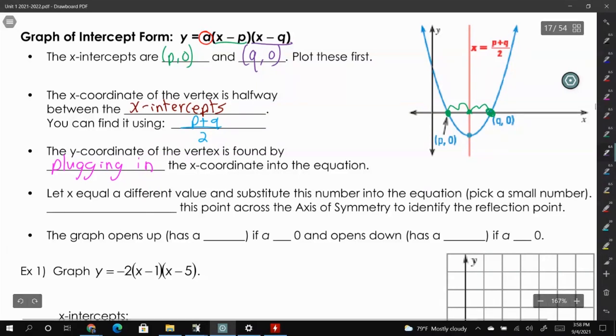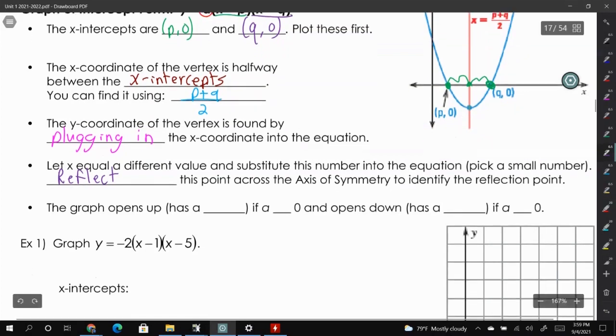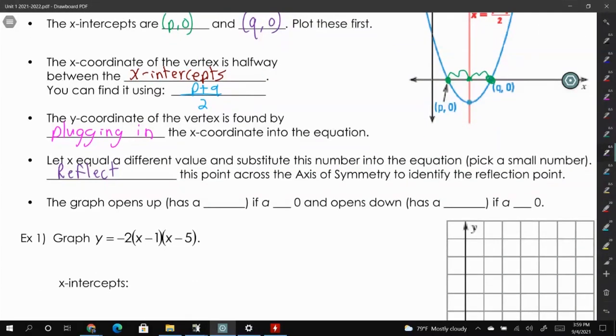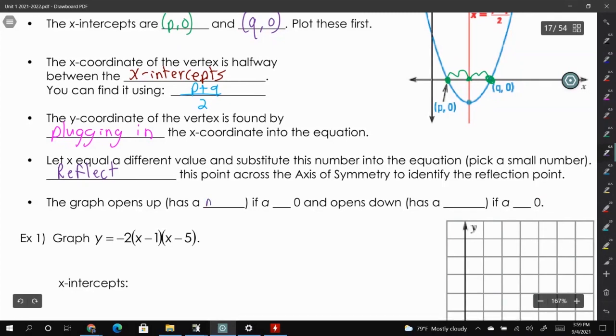So let x equal different values, substitute that number into the equation, and then you're going to reflect this point across the axis of symmetry. And again, the graph opens up and has a min if a is positive, or it opens downwards, and that means it has a max if a is negative.